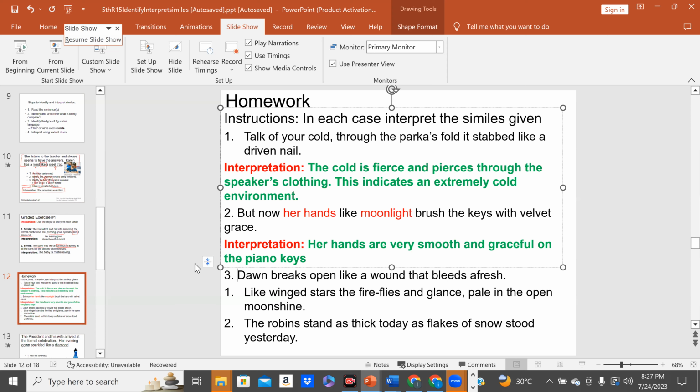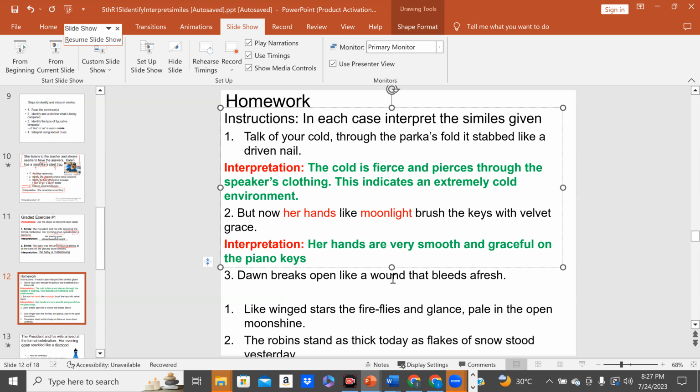All right, so let's move to Darnie. Darnie, can you read number 3, please? Dawn breaks open like a wound that bleeds afresh. Very good. Dawn breaks open like a wound that bleeds afresh.